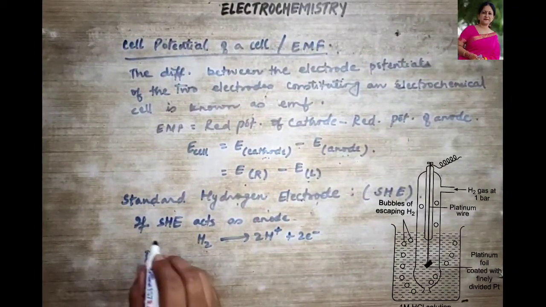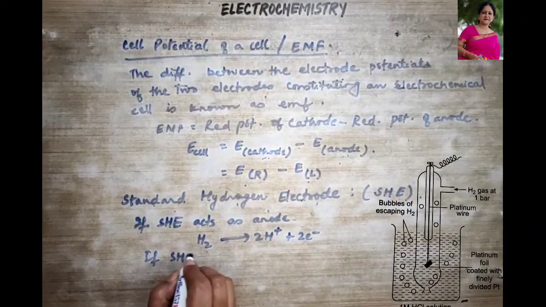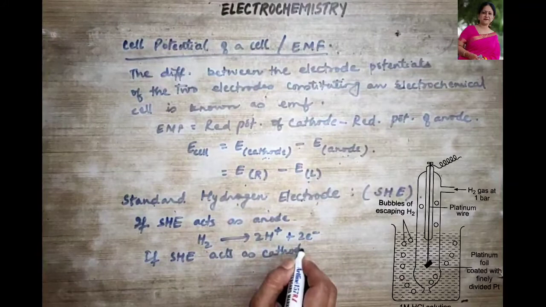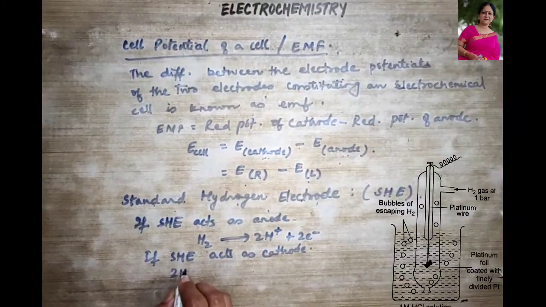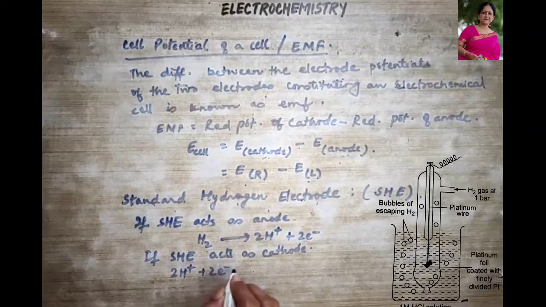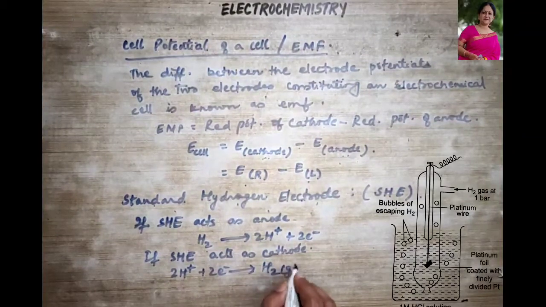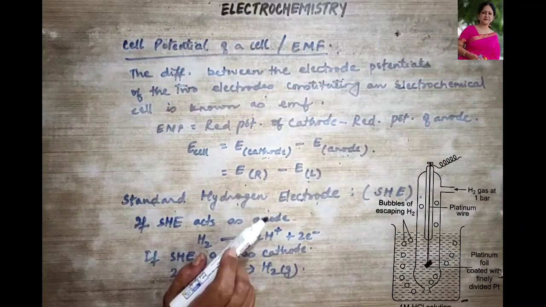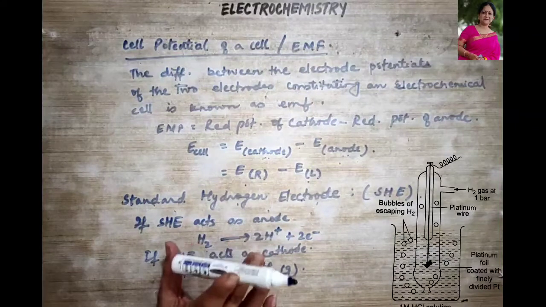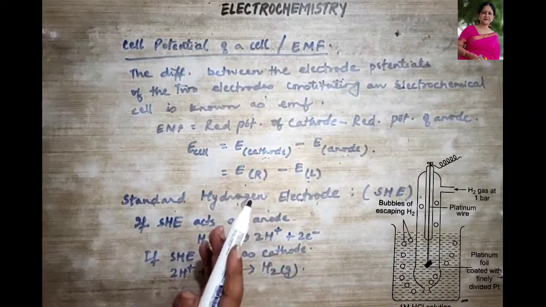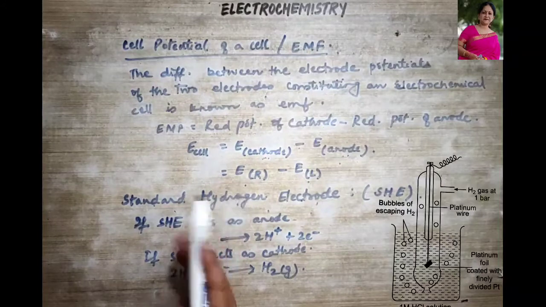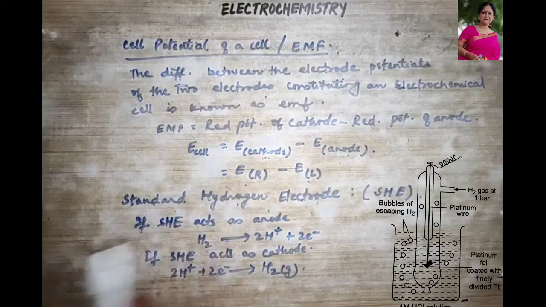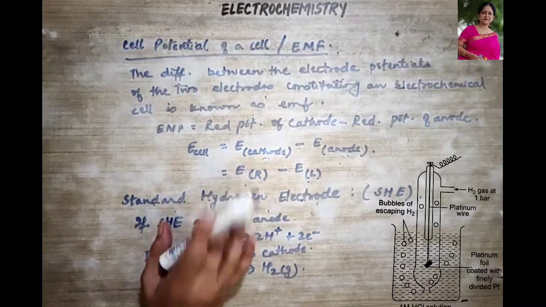And if the standard hydrogen electrode acts as cathode, then the hydrogen ion is going to accept 2 electrons and give hydrogen gas. Clear? Your standard hydrogen electrode finds difficulties in its preparation and use, and therefore other reference electrodes can also be used with different concentrations. Is this point clear?